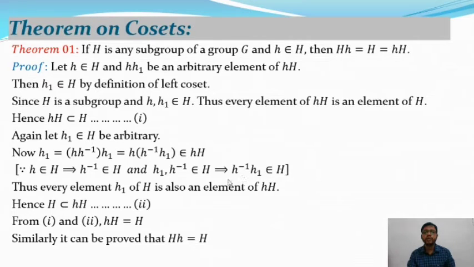So from this we have seen that h into h inverse h1 belongs to h into H, where h inverse h1 belongs to capital H, and H is the subgroup of G. So h1 belongs to H, and this implies h1 belongs to h into capital H. So for every element h1 belonging to H, it is an element of h into H. Thus H is a subset of h into H, and we write it as equation number 2.